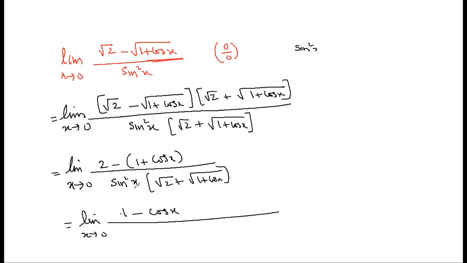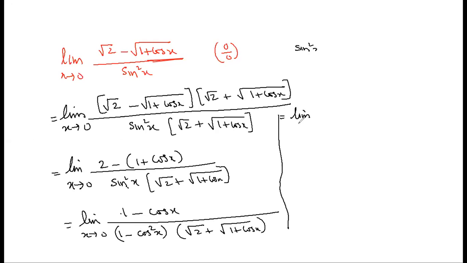So he said it can be written as 1 minus cos square x, which can be written as 1 minus cos x times 1 plus cos x. Sine square x is 1 minus cos square x. Now factorize it. 1 minus cos x is a factor; 1 plus cos x will remain in the denominator.